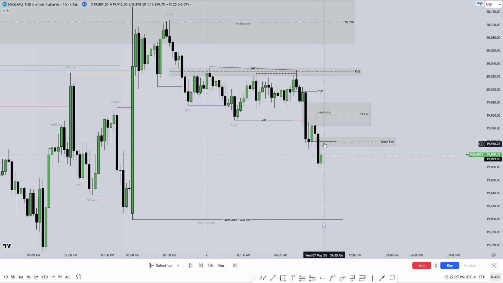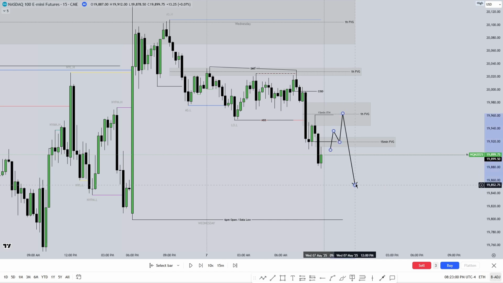But just know if you're trying to take trades from fair value gaps and there's a higher time frame fair value gap above where you're looking to take trades from, or in close proximity of where you're looking to take trades from, your win rate is going to be lower, because a lot of the times what you're going to see is these invert and then go and mitigate or redeliver into these higher time frame fair value gaps, and then move lower.